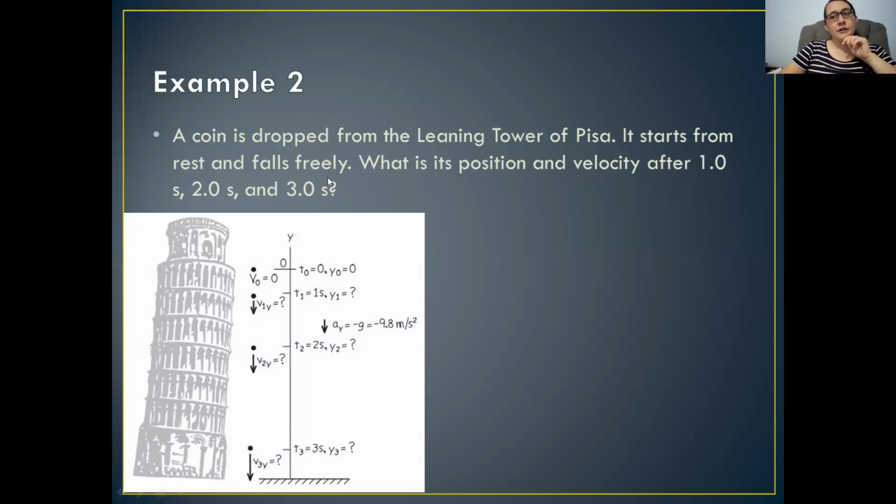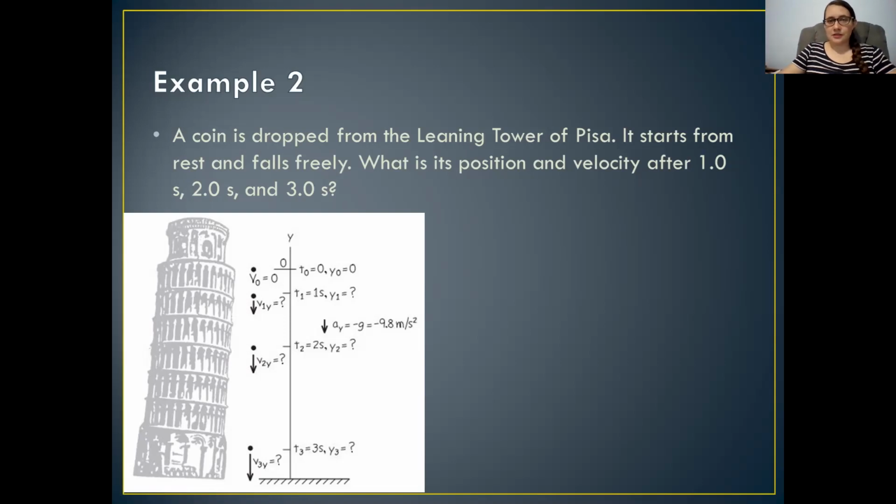It's falling freely, which means we're only taking into account the effects of gravity, not the effects of air resistance or anything like that. We're looking for its position and its final velocity at each of these times. Okay, so we're given time. We're also kind of implied given the acceleration, right?